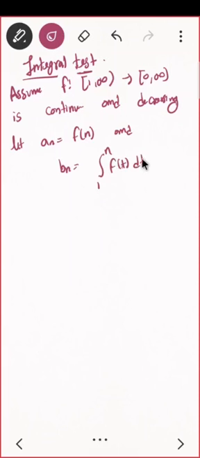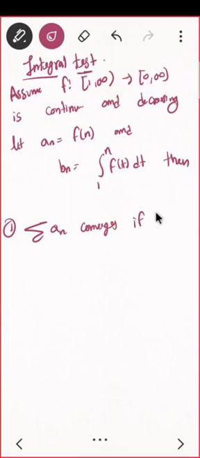And let a_n be equal to f of n and b_n be equal to the integral from 1 to n of f of t dt. Okay, then what this test says is, first, the summation of a_n converges if b_n converges.